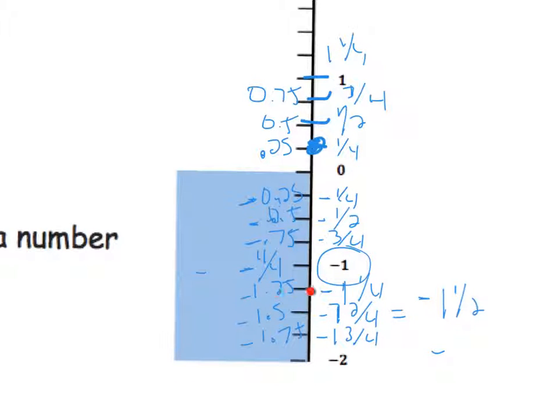So -0.25 is the same thing as -1/4. -0.5 is the same thing as -2/4. So the further we go down, the greater this number is if we ignore that negative symbol. However, if we don't ignore the negative symbol, the further we go down, the less the number is. And then we could go the other way too.